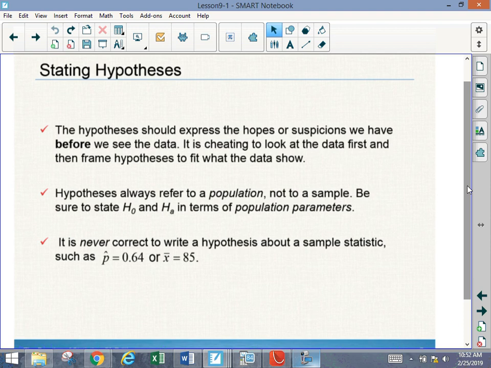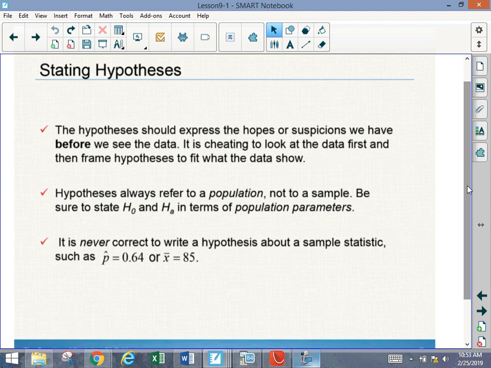Okay, so not p hat, but p. Not x bar, but mu. And so on, right? So if you use x bar instead of mu, you will get points taken. In other words, at the bottom it says it's never correct to write a hypothesis about a sample statistic. Always got to be a parameter.